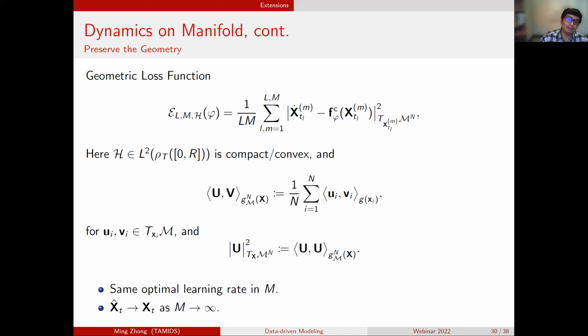Okay, and we'll still have the convergence, in fact, at the same rate, of my predicted dynamics converging to the observed dynamics on the same manifold. Okay, so they will not move away. They will just stay on the same manifold. Okay, and then you probably say, well, what if I don't know the Riemannian magic? Then that will be another research problem to actually look at.